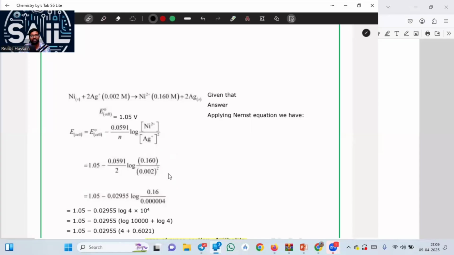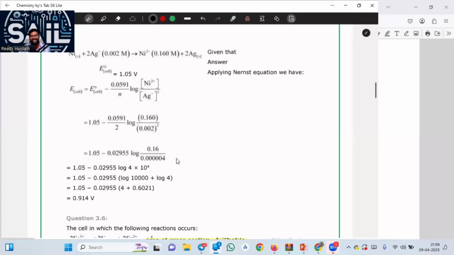And if you simplify this, you have to do this calculation, because if I do everything, it takes a lot of time. You practice yourself. If you feel any difficulty, let me know, I'll explain in a simple manner.